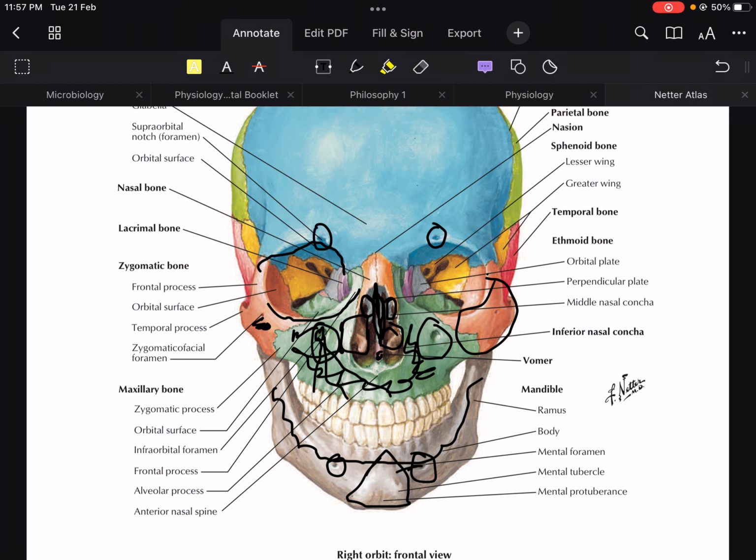But we also have other bones inside the skull that are not visible, but they are very important. One of them is the ethmoid bone, which is small, and a part of this ethmoid bone that we call the concha is visible in the nasal cavity. Later I'm going to explain these bones that are inside the skull.